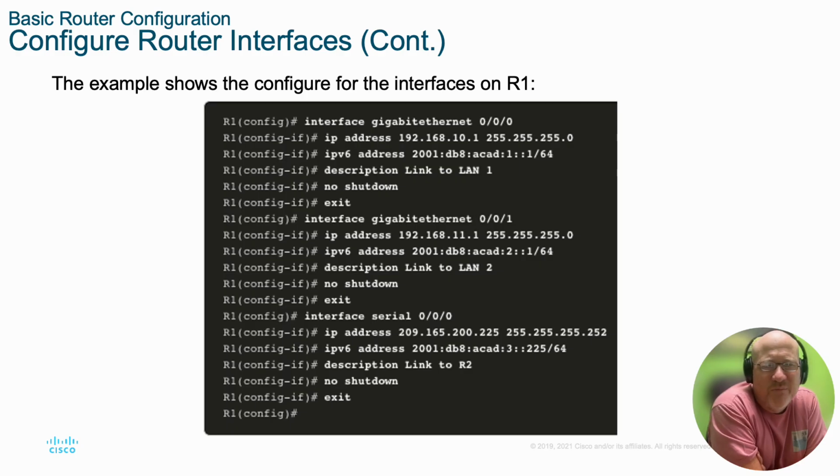So you can see an example here, and you can even see the classic interface serial 0/0/0, which must be the DTE because it's got no clock rate on it, and you have to look at what the data terminal rather than data circuit equipment is as well. But you can see IP address, a description which is useful, and then no shutdown to switch it on.